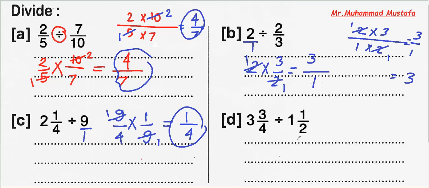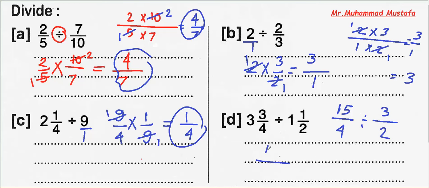Letter D, convert the first mixed number and the second mixed number. First fraction divided by second fraction. Put the same denominators. 3 times 4, 12, 12 plus 3, 15. 1 times 2, 2 plus 1 equals 3.